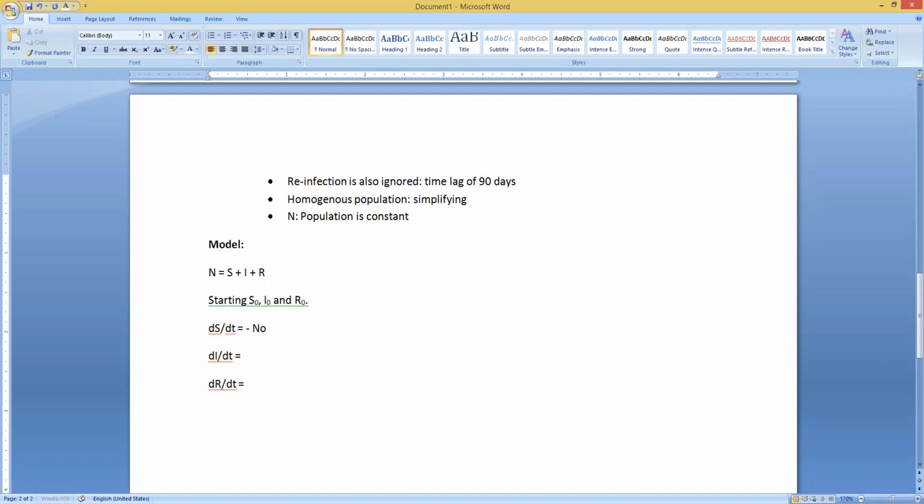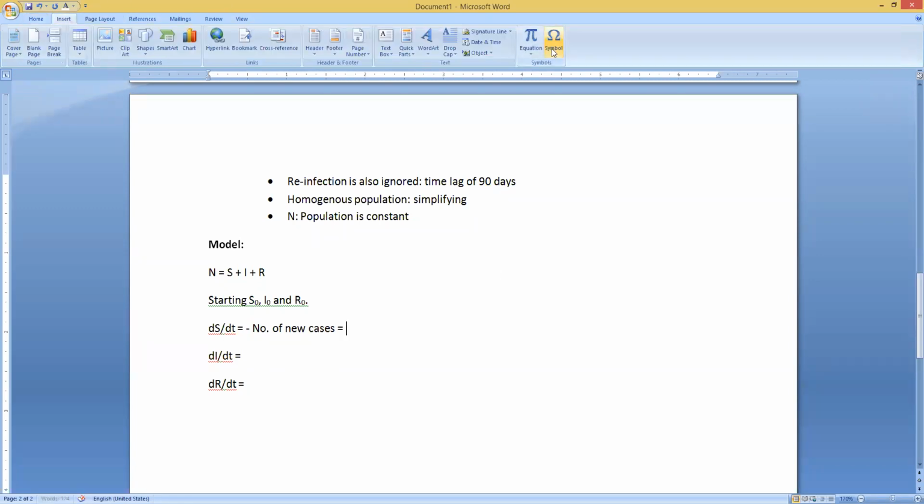So this is basically the number of new cases, right? We have S0. Let us say we are moving to S1. So how will S decrease? The decrease in S is minus the number of new cases, right? What is the number of new cases?